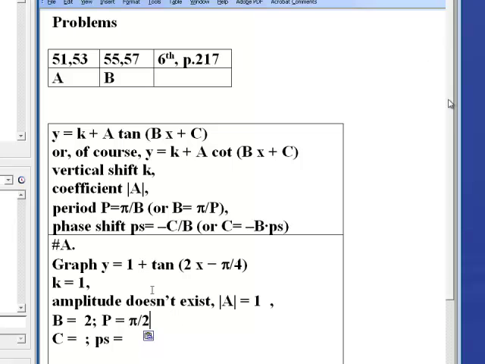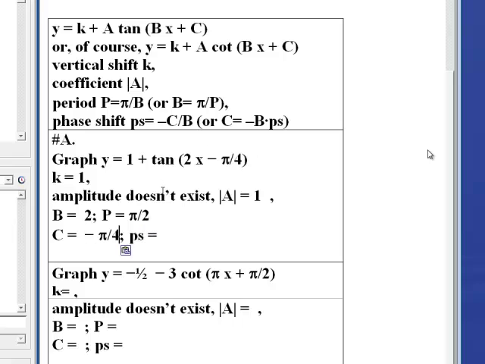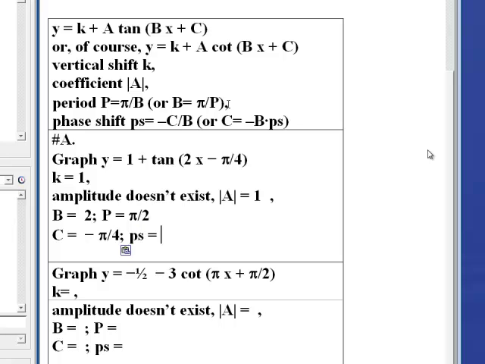The coefficient c equals negative pi over 4. And the phase shift is going to be negative times negative pi over 4, divided by b, which is 2.